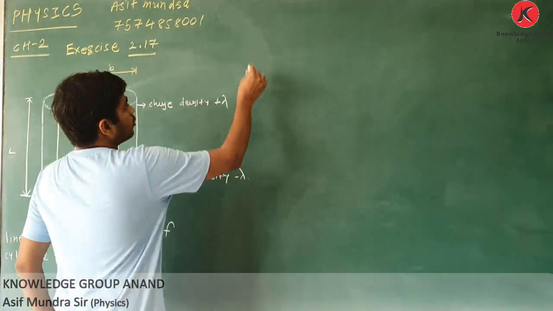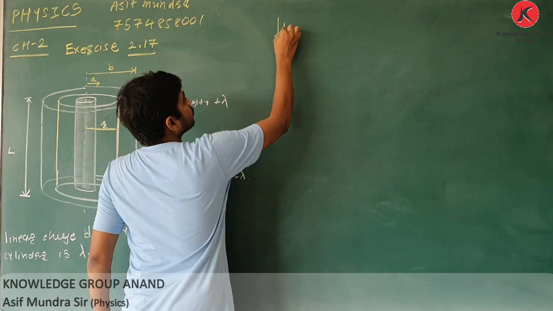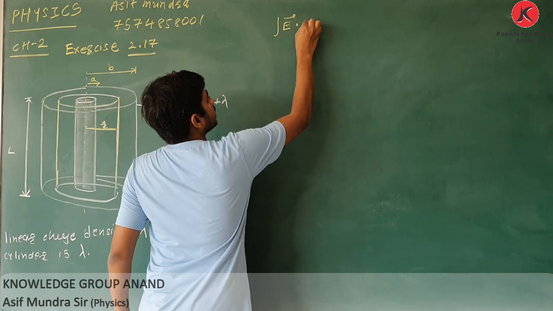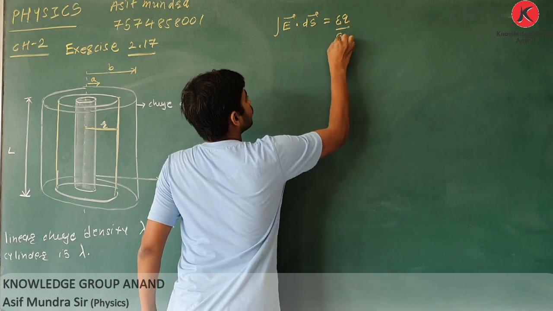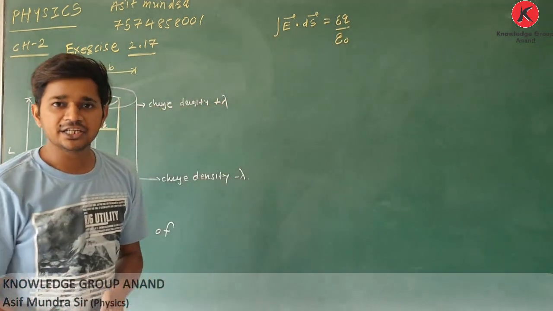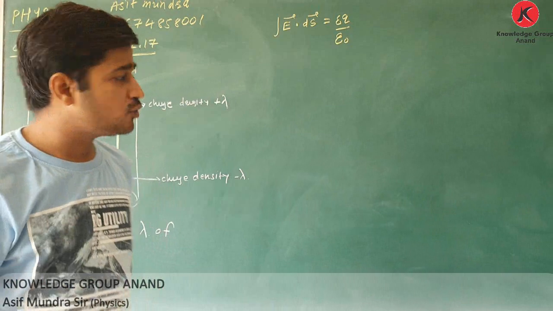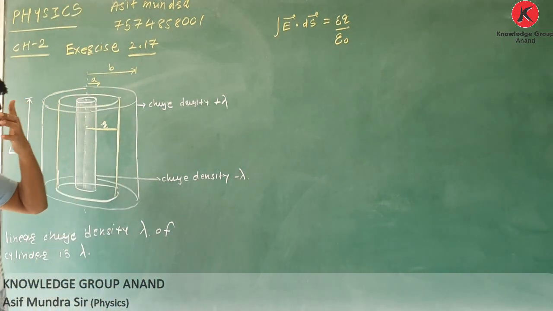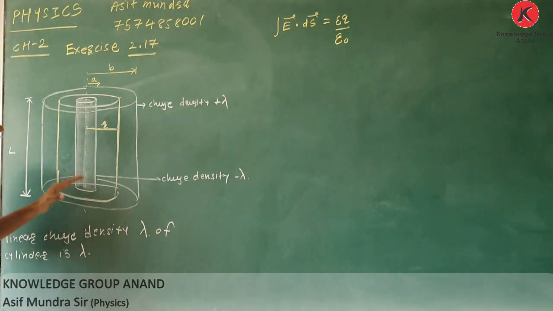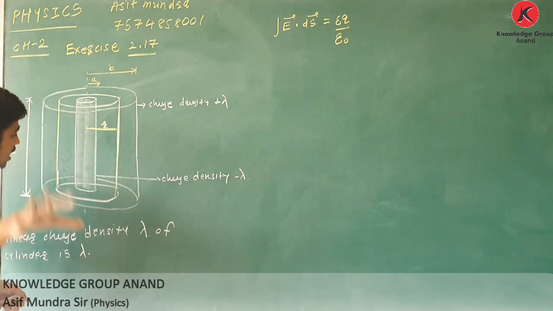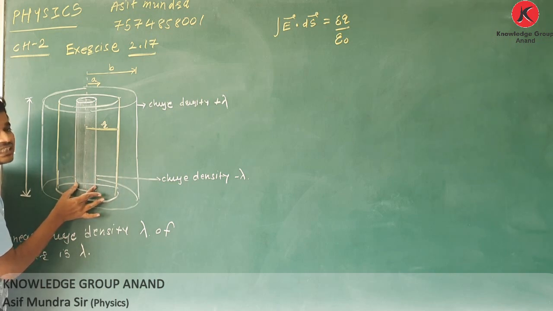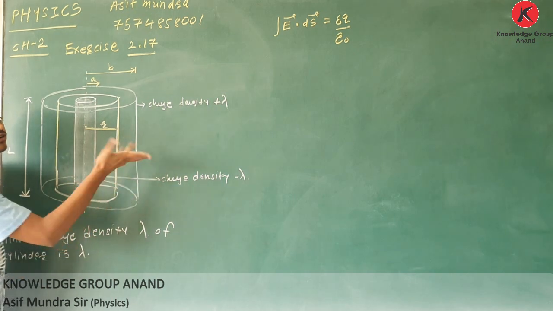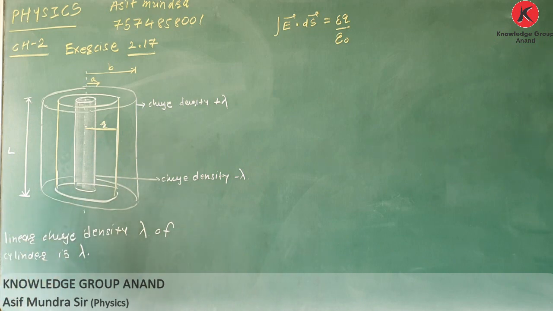See, what is Gauss law? Flux phi is equal to integration E dot ds is equal to sigma q upon epsilon 0. As we have to find the electric field in this region, I am assuming they are conductors. Due to the charge given on the inner cylinder, the outer cylinder, also a conductor, has charge induced on it.